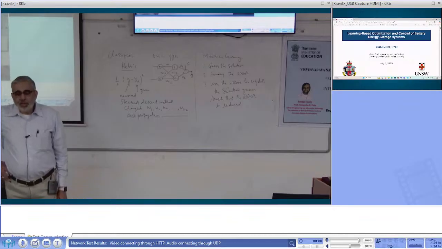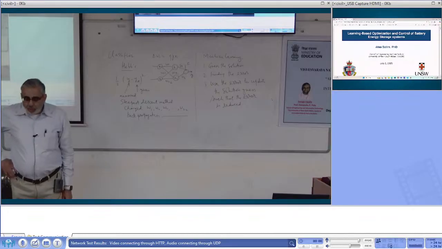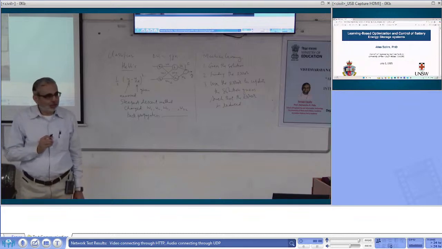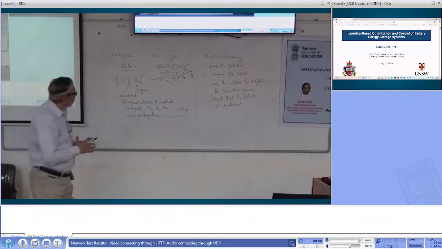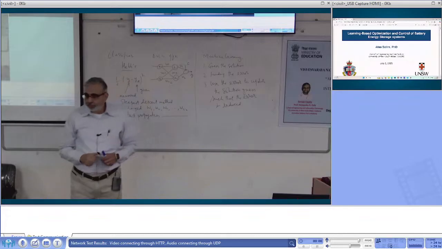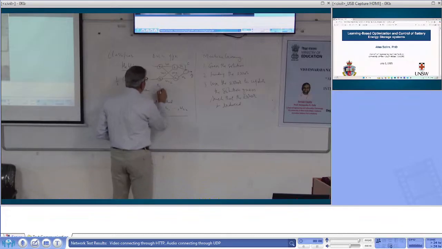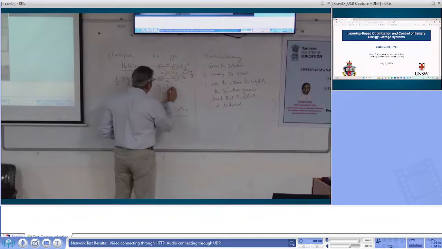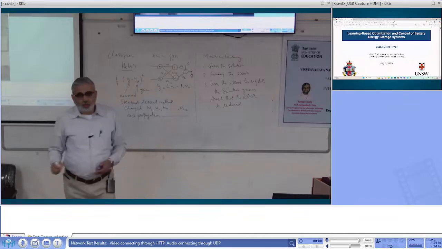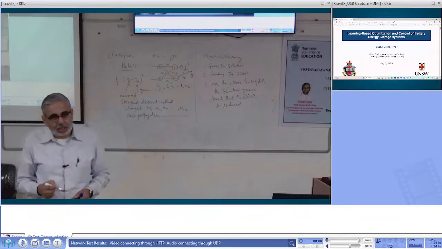What we are doing here is assuming that this neural network is an analytical approximation of the function we are minimizing. We assume this function is given by that neural network. Function is given in the sense y1 equals h1w1 plus h2w2, right?